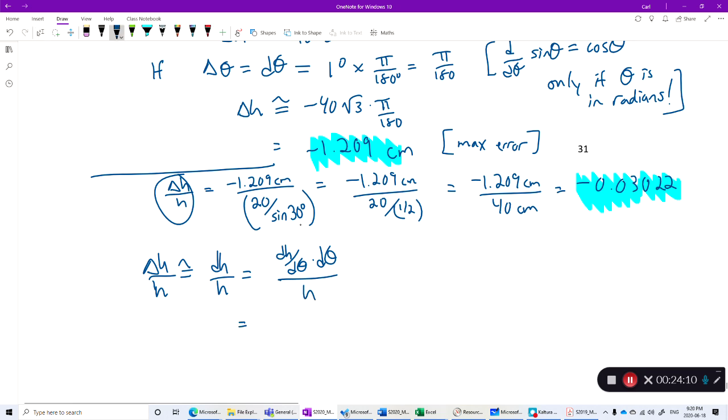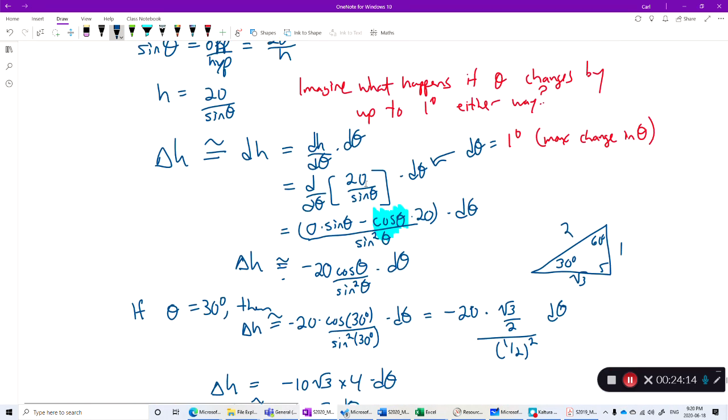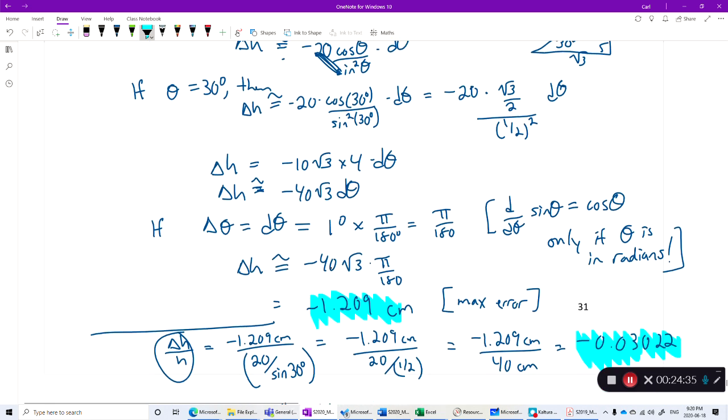Let's calculate this. dh d theta is minus 20 cos theta over sine squared.